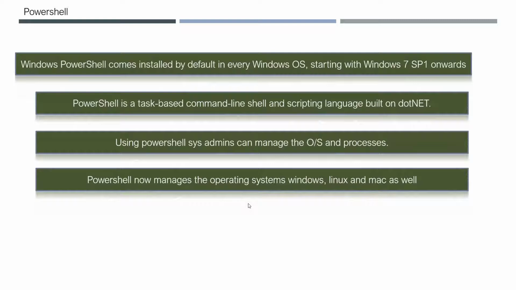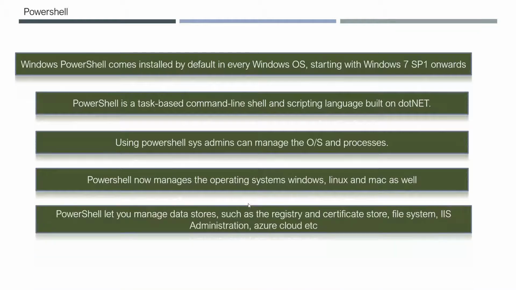Okay. So now, as I said initially, PowerShell was available only on the Windows server because it was built on .NET. Now, PowerShell is available on all the operating systems: Windows, Linux, and Mac as well. The reason it is available on all these systems is that Microsoft redeveloped PowerShell on .NET Core.